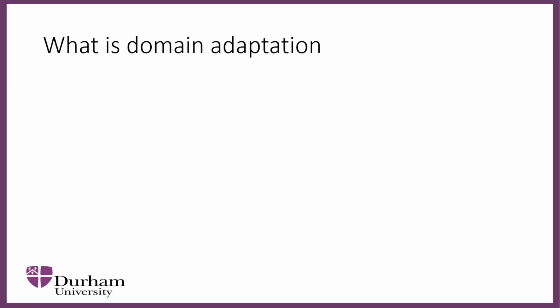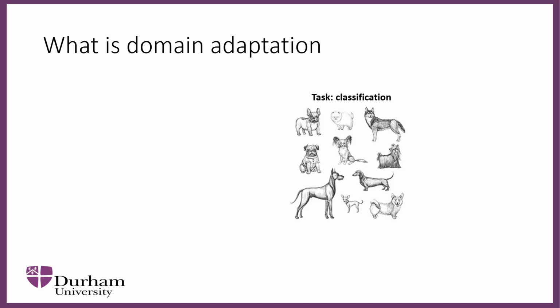First of all, what is domain adaptation? Let me explain the concept of domain adaptation by giving an example. Suppose our goal is to classify different breeds of dogs in sketch images. Then the domain of sketch images is our target domain. Usually, we don't have enough label data in the target domain for training the model in a supervised learning way.